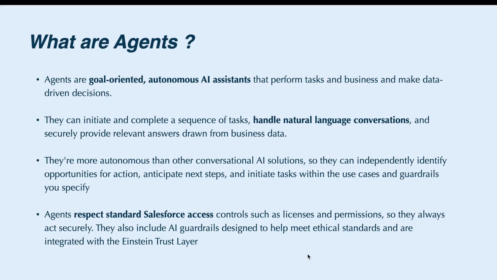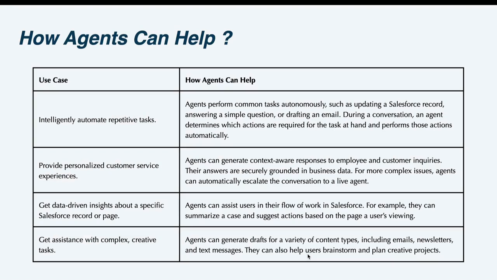Now that we know what agents are, let's see some of the common use cases where agents can help us increase the productivity. So the agent can intelligently automate repetitive tasks such as updating a Salesforce record, answering a simple question, or drafting an email.